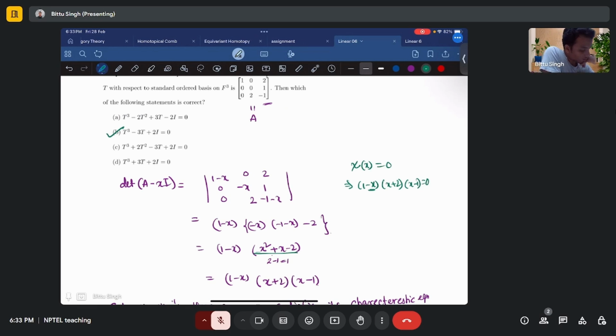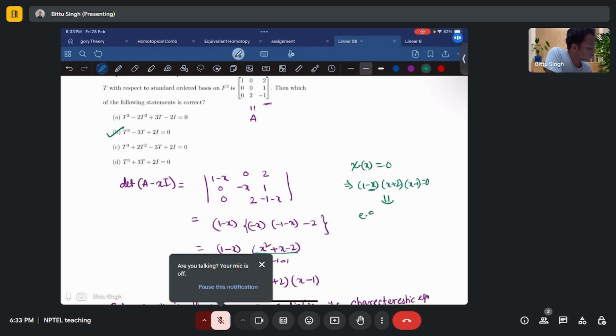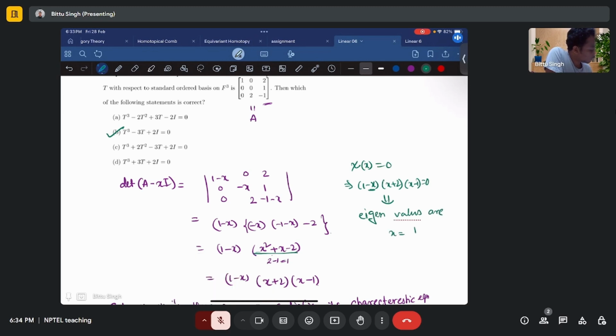But we need to see that the other options are false. From here it is clear that the eigenvalues are x equal to 1, minus 2 and plus 1, and those are the only eigenvalues.